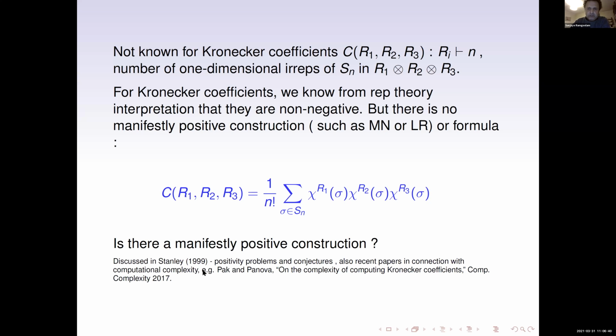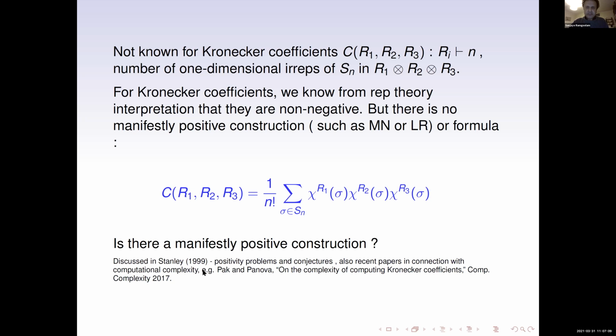That number is the Kronecker coefficient, and either it's 0 or it is positive. From the representation theory side, we know this is the case. But unlike the case of characters or Littlewood-Richardson coefficients, there's no concrete thing you can count which says, this is the Kronecker coefficient, at least not in general for general Young diagrams.